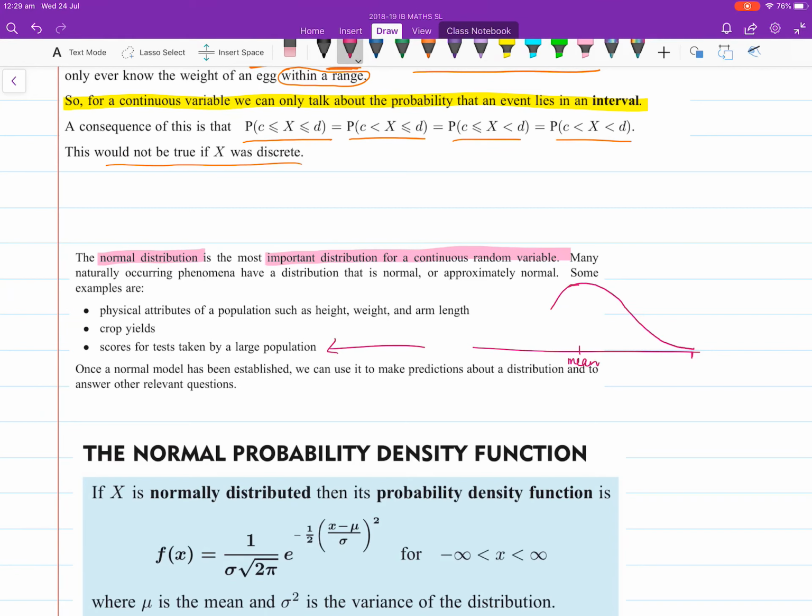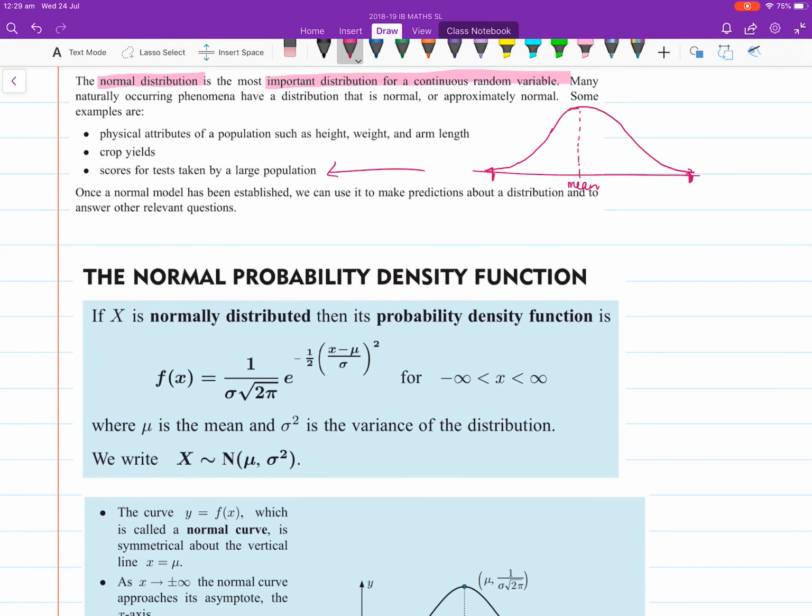And then below the mean as well, less and less people get a smaller score, and then over here, very few people, for example, get a super poor mark, or like 0, for example. Okay, so I think that one is the easiest one for us to get a physical grasp on the idea, because we're used to taking tests and recording results and that kind of idea.